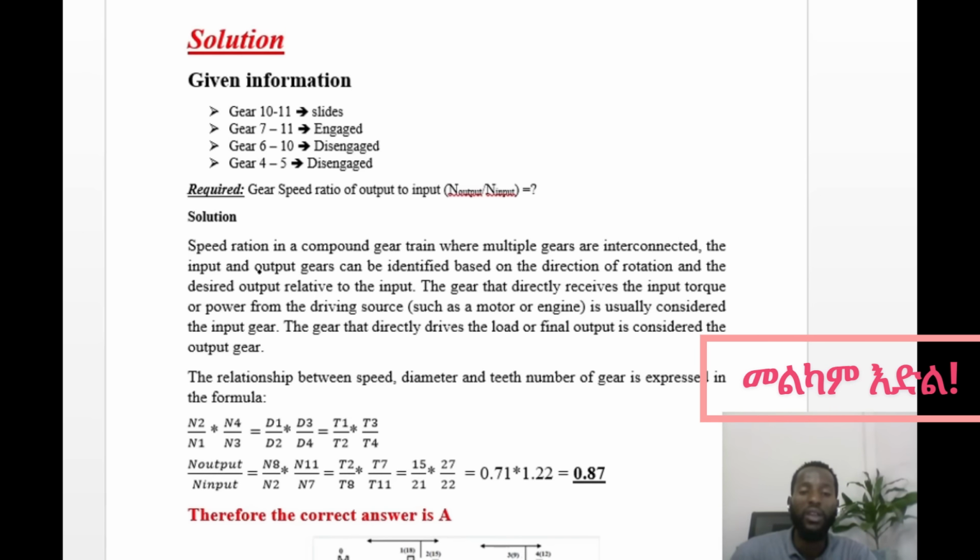So to calculate the speed ratio, the speed ratio in a compound gear train, which is similar to the given one that we have, is this. When multiple gears are connected or interconnected, the input and output gear can be identified based on the direction of the rotation and the desired output related to the input.